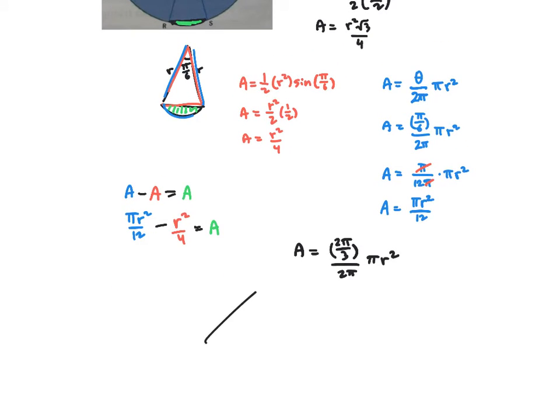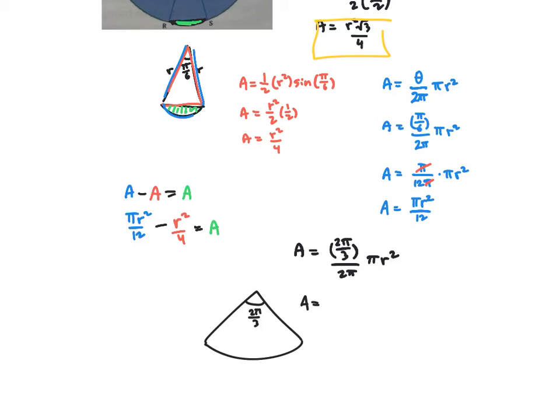That was the original central angle; this angle was 2 pi over 3. Once I simplify this, I'm going to subtract away both the green and the yellow space. Of course, this was the yellow here.